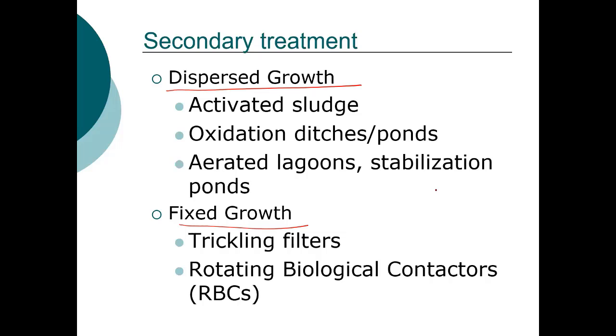Fixed growth means we have some sort of a solid support, and we have the microorganisms on that solid support, and the water flows past those microorganisms. And as the water flows past, there's diffusion of the organics into this biofilm here and degradation of the organic matter.